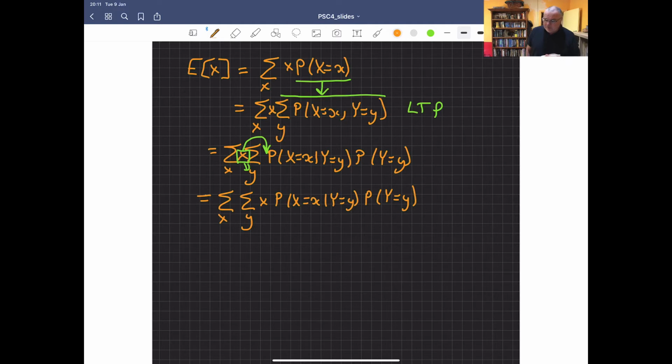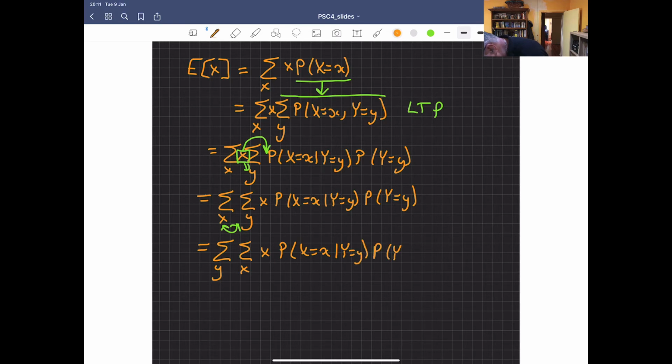And because this is sufficiently nice, what I'm going to do next is just interchange these summations. So this can be written as the summation over y, summation over x, x times the probability that X equals x given Y equals y, times the probability Y equals y. Looking good.